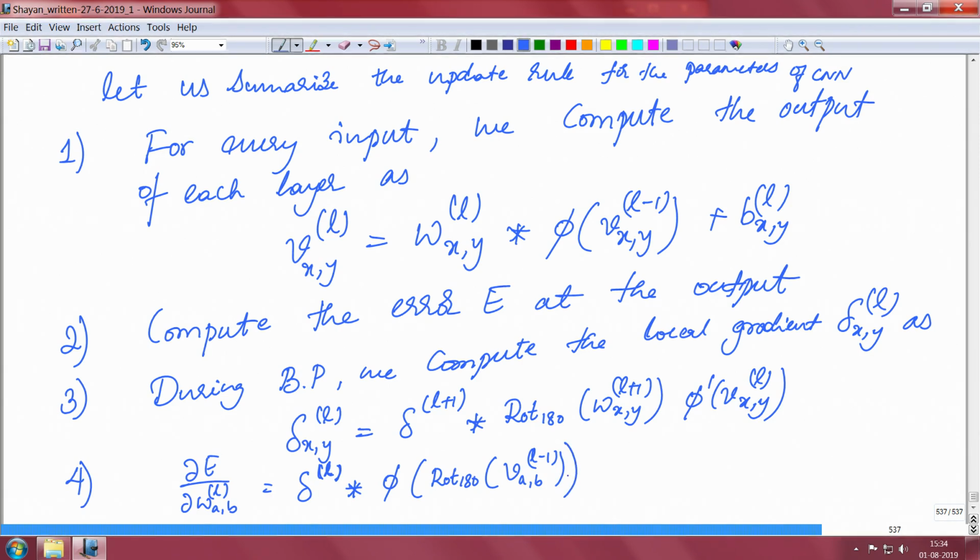So, these 4 steps will provide the procedure required to update the weight parameters in the convolution neural network. Thank you.